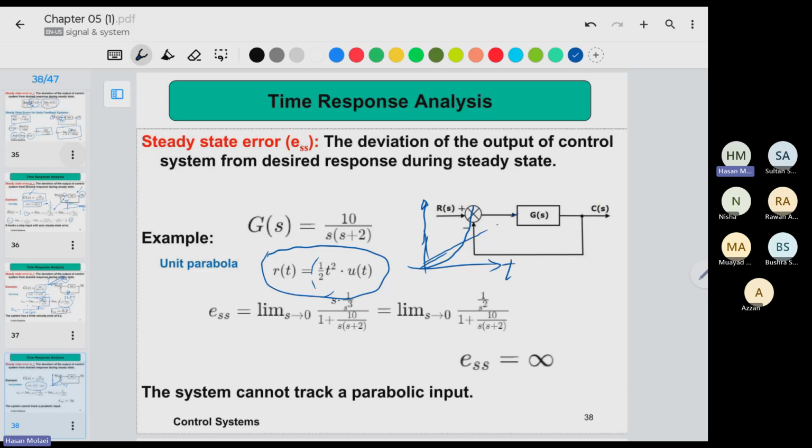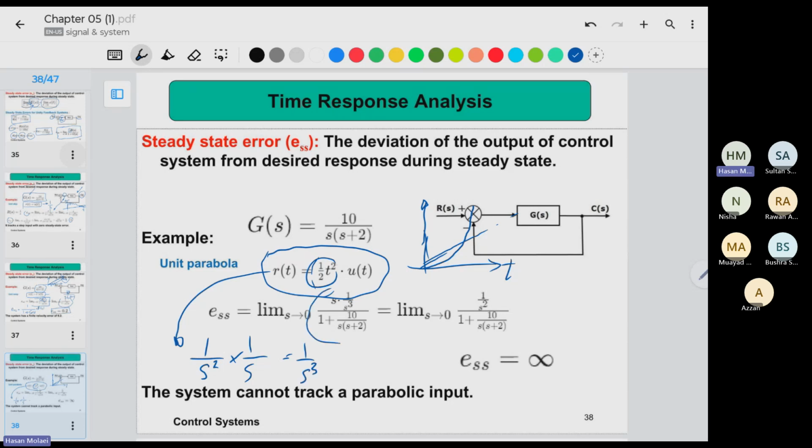So in the s domain, this signal is what? It is the integration of the ramp, right? The ramp was 1 over s squared, and once you integrate, you multiply once more by 1 over s. So the s domain of this signal is 1 over s cubed.